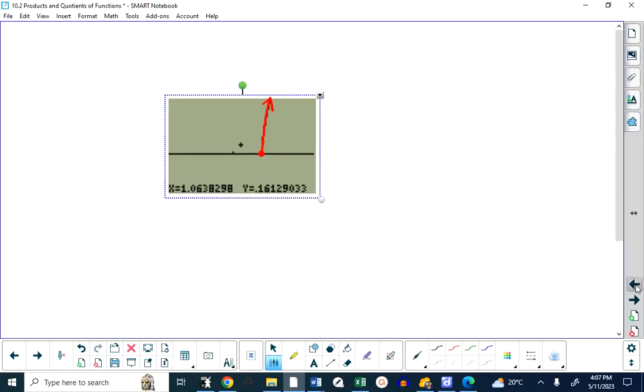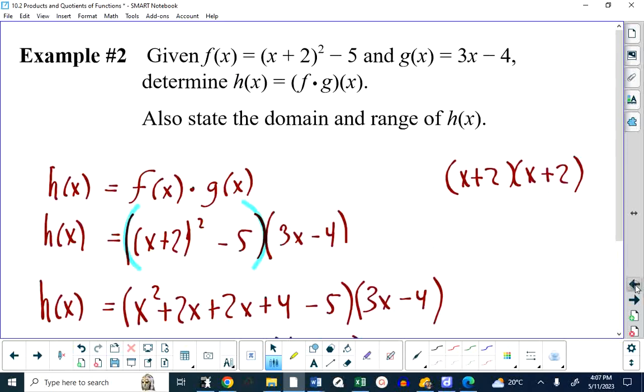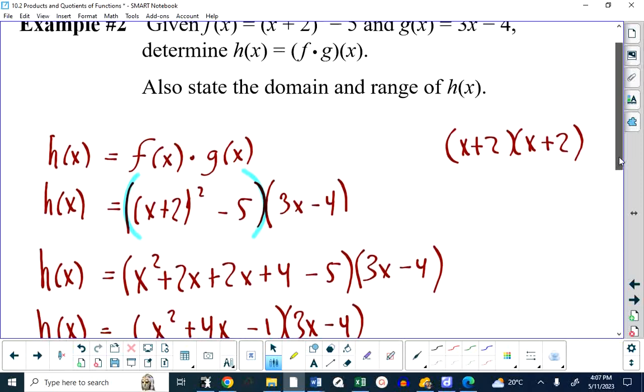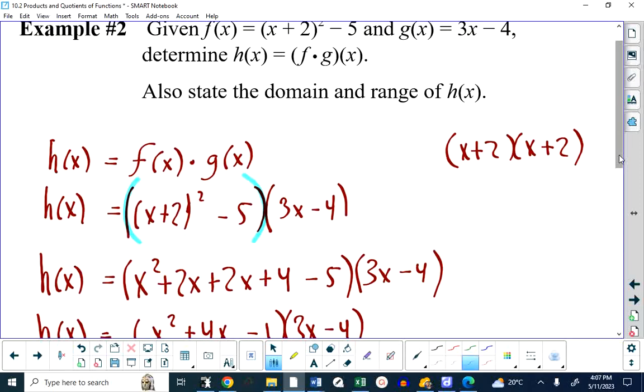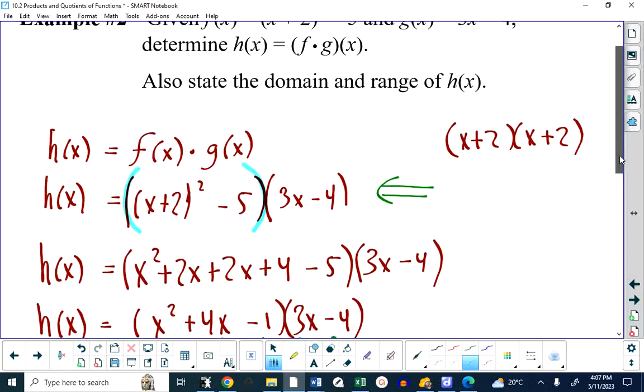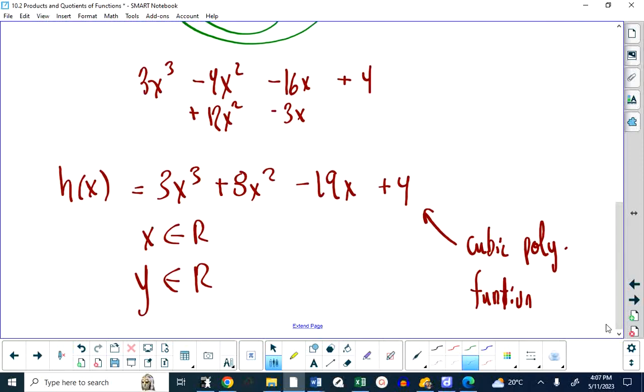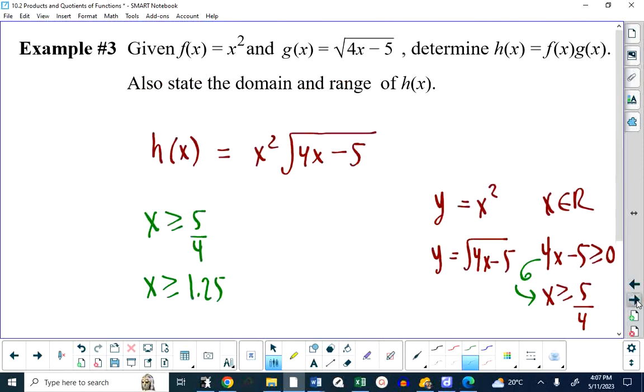It's like this question where it said, determine the product of the two functions. We didn't just leave our answer here. We had to do all this hard work to get down to a single function. Well, we have to do the same thing here.